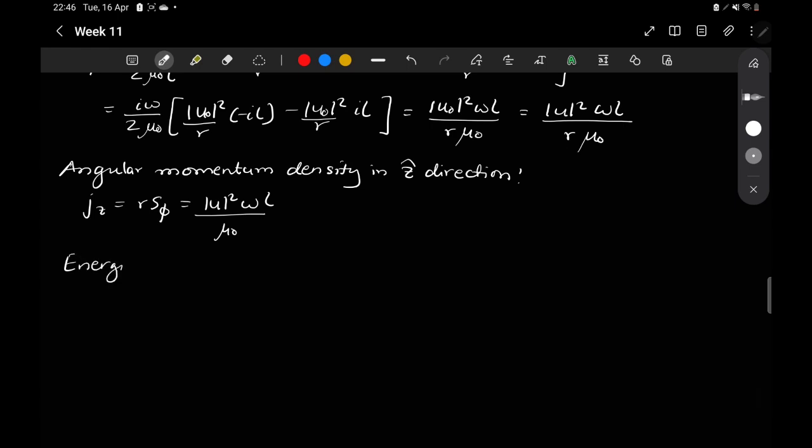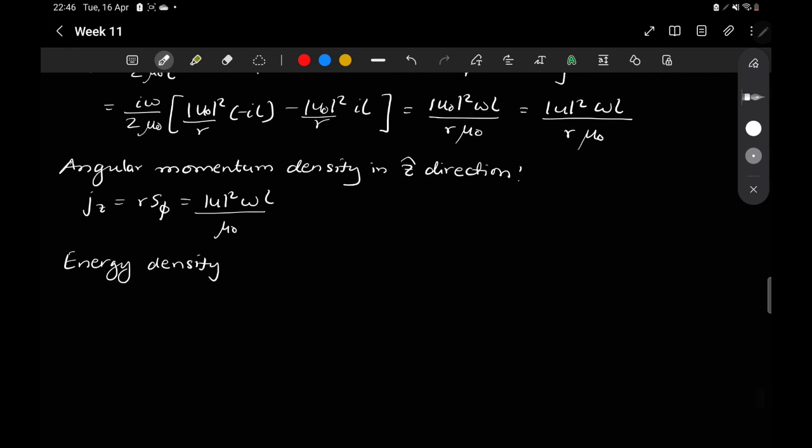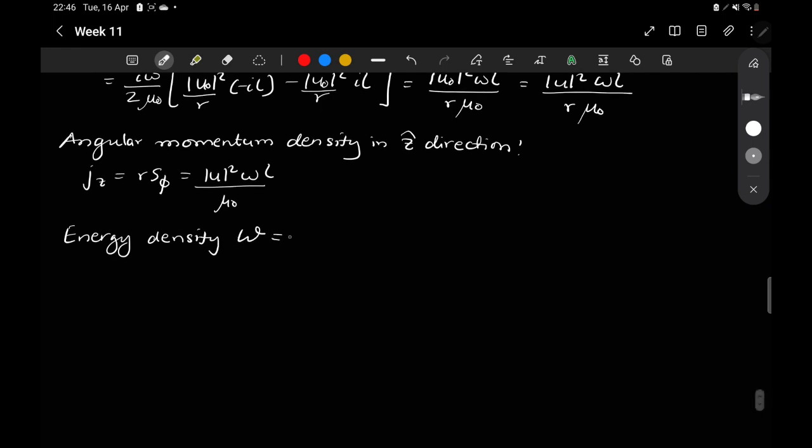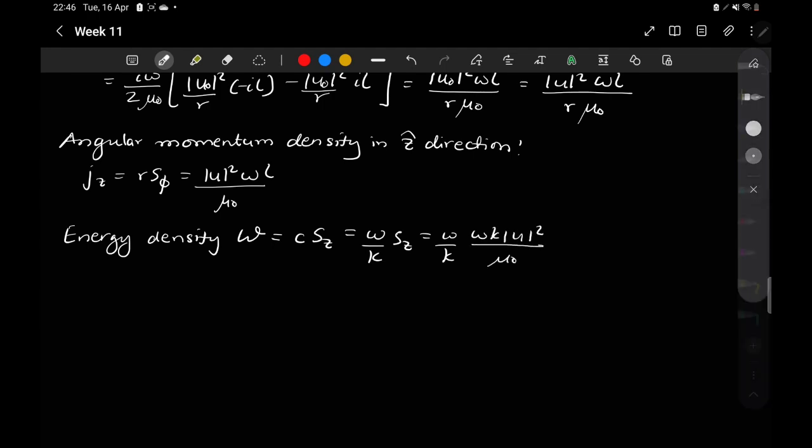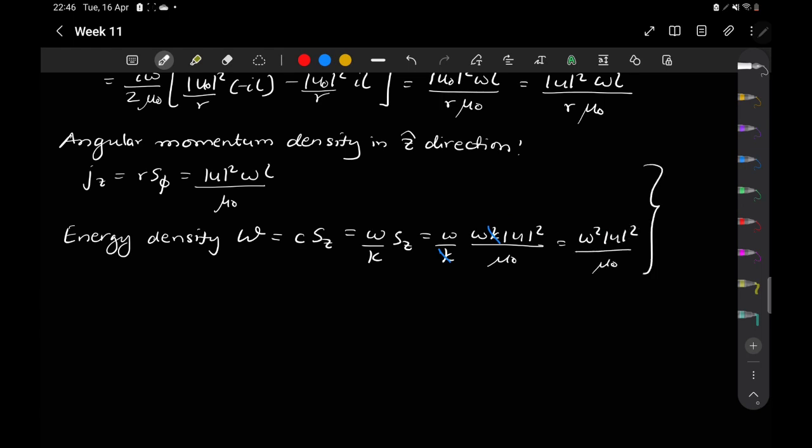So energy density, that also we can find. This k cancels. Now we can take the ratio of this.